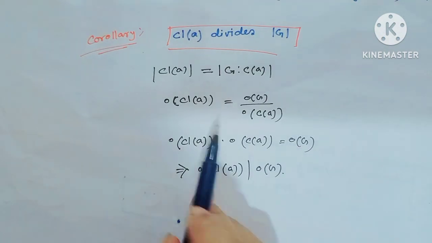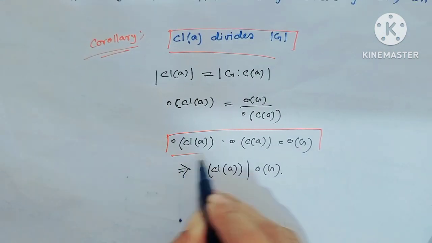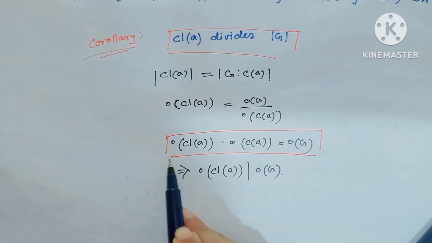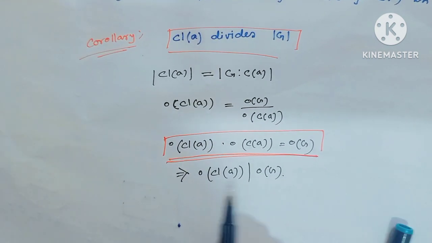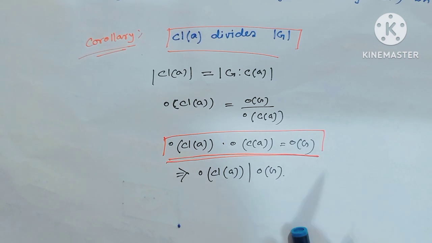That means the order of the class of a times the order of C(a) equals the order of G. And from this line we can say the order of the class of a always divides the order of the group G.